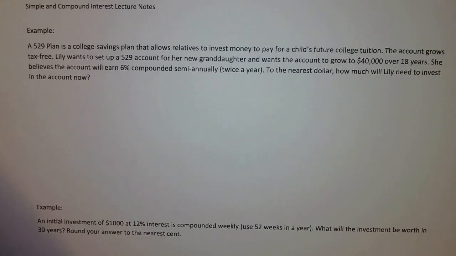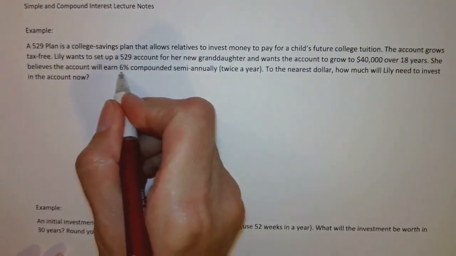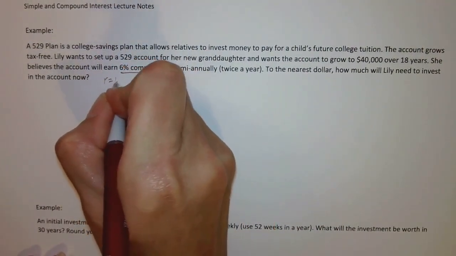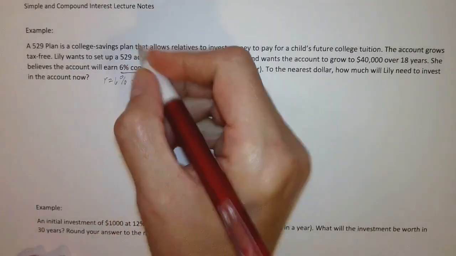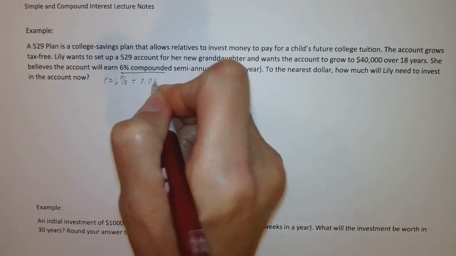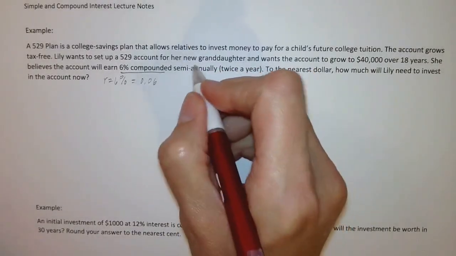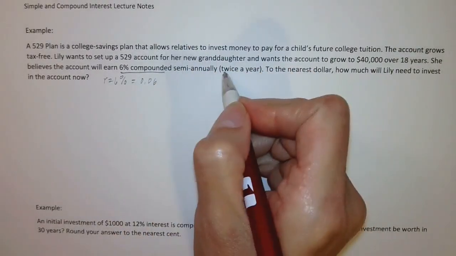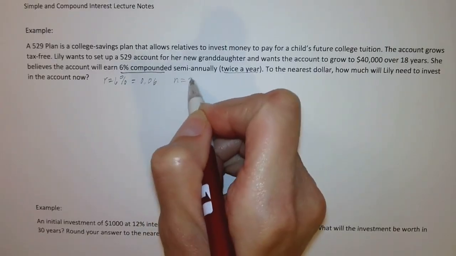So let's identify the parts that go into our formula. I know that my rate is 6%, so it's 0.06. It's compounded semi-annually, so n equals 2.